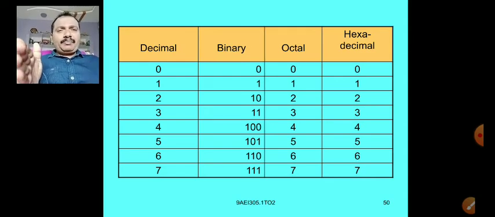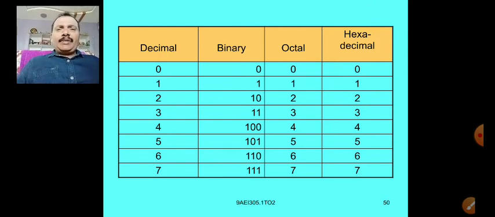Okay, next important thing is you have to prepare a table. Column 1 is decimal, column 2 is binary, next octal, next hexadecimal. Because for a number system, you are able to write any number with the help of decimal number.